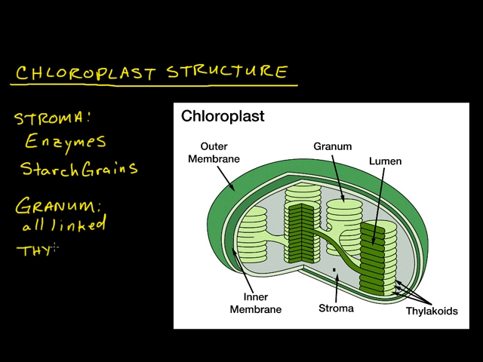The first part of what we call the light reactions, which we'll talk about next, occurs in the thylakoids. And we've already talked about pigments. Within these thylakoid membranes of these grana, or these stacks of thylakoids, are where we find all of the pigments.